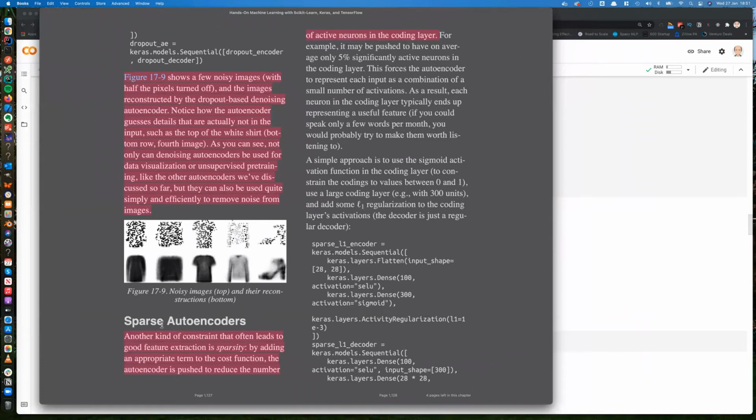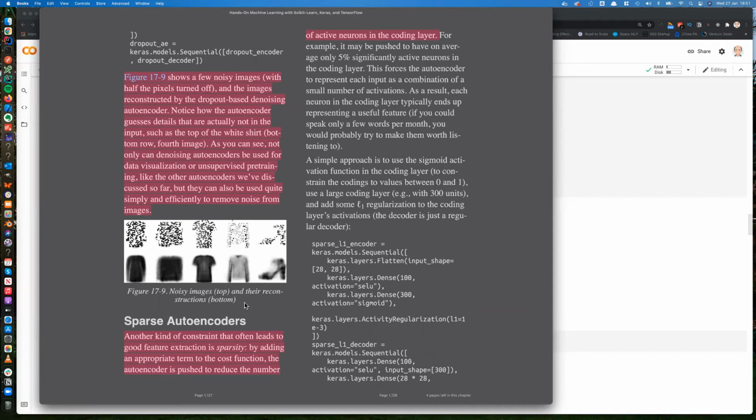So we're going to start with these sparse autoencoders. Another kind of constraint that often leads to good feature extraction is sparsity. By adding an appropriate term to the cost function, the autoencoder is pushed to reduce the number of active neurons in the coding layer. What we're trying to do is, instead of just copying input to output, convince it to actually extract some features between the encoder and the decoder.